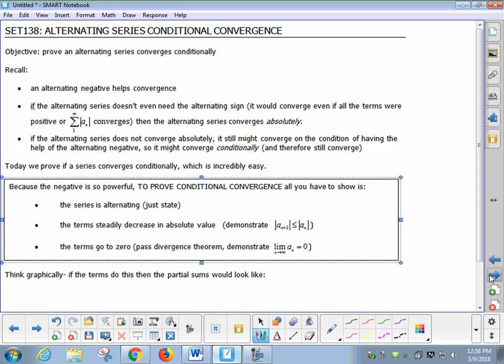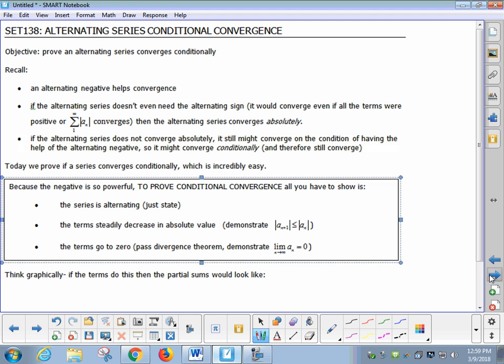Okay, so do you remember that an alternating negative helps convergence? Yes? Okay. Also, in terms of vocabulary, if the alternating series doesn't even need that negative to help it, it would converge without the negative, that's called absolute convergence.